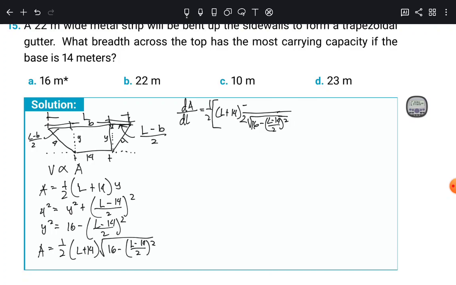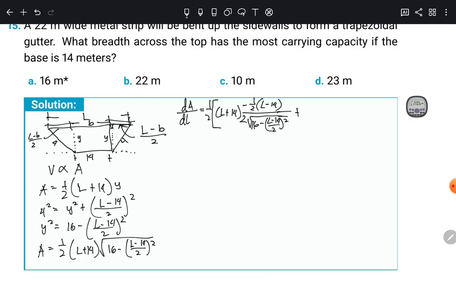So that will be equal to, 2 divided by 2 squared, so that will be 1/2 multiplied by (L - 14). The derivative of L - 14 is equal to 1. Then plus, since this is a product, copy the second one.